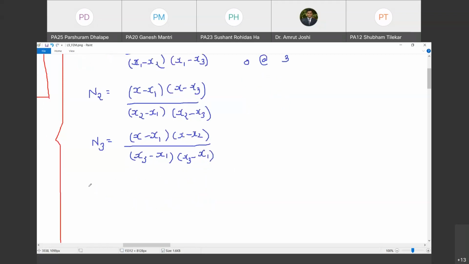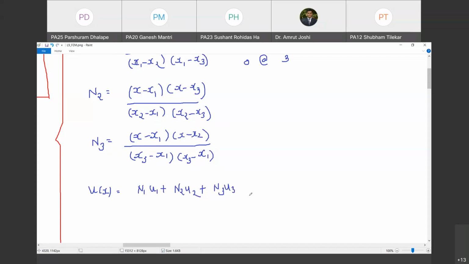And now can you tell me, how do I write u within the element? U as a function of x within the element will be given as, tell me, n1 u1 plus n2 u2 plus n3 u3. The onus of making these terms function of x is on n1, n2 and n3. u1, u2, u3 are constants.